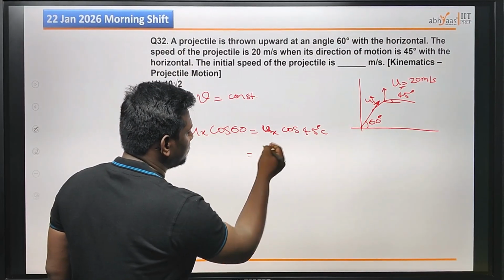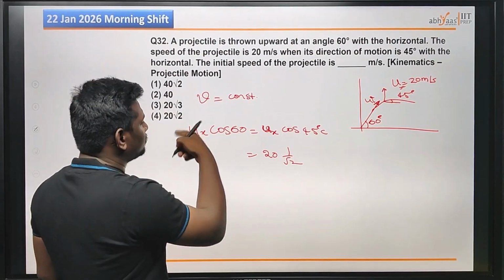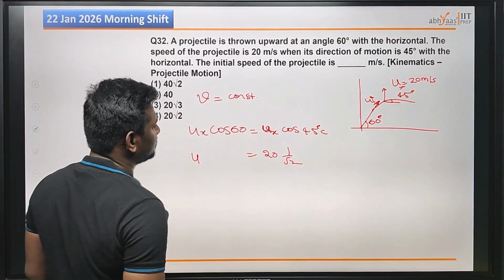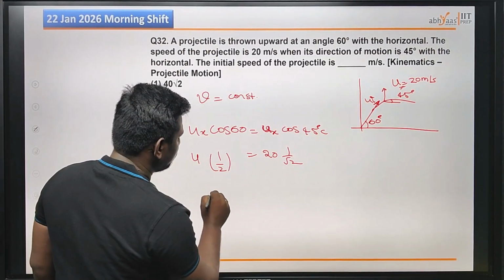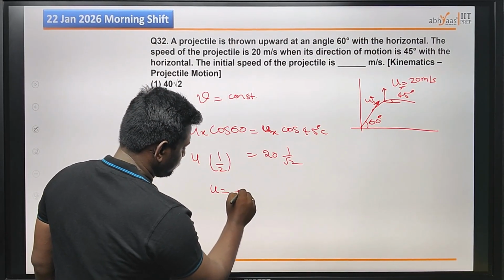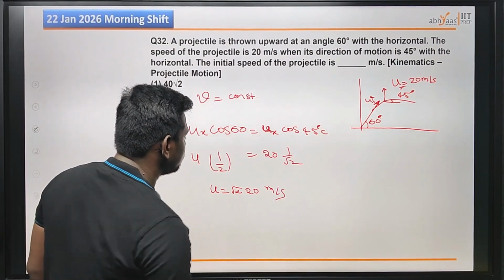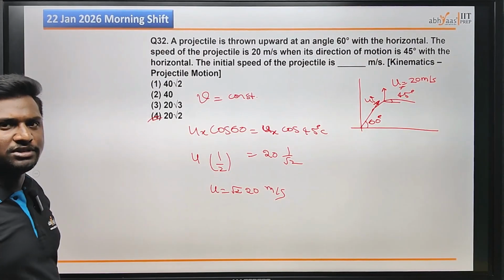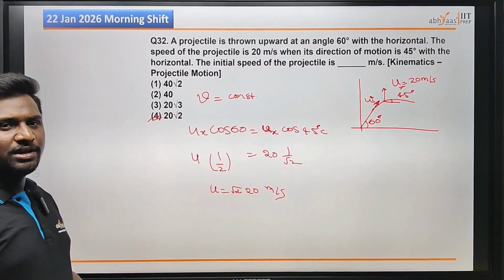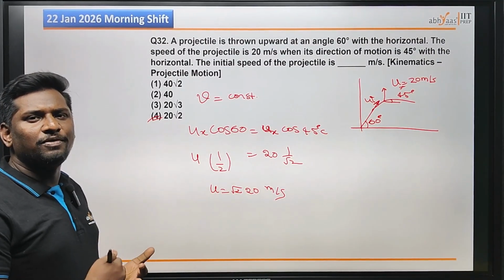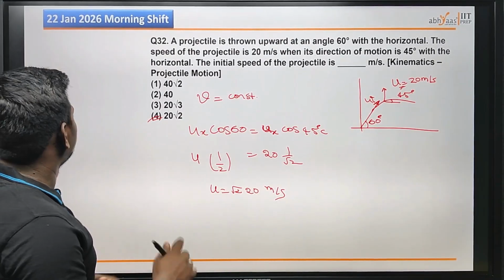We know this velocity is 20, and cos 45 is 1 by root 2. We know that cos 60 is 1 by 2. If you cancel out, you will get 20 root 2 meter per second. Option 4 is the right answer. So what is the condition here? The horizontal component of velocity in projectile motion is constant. That is the basic thing here.